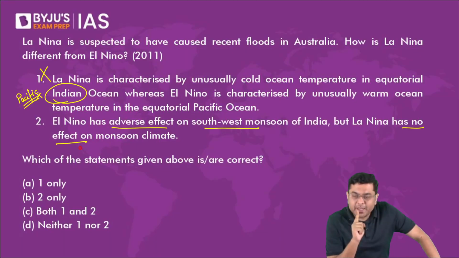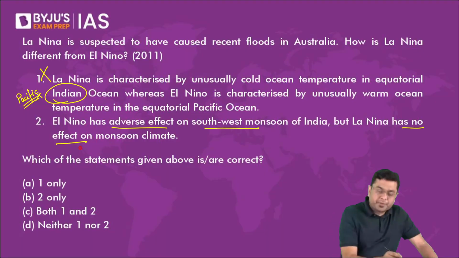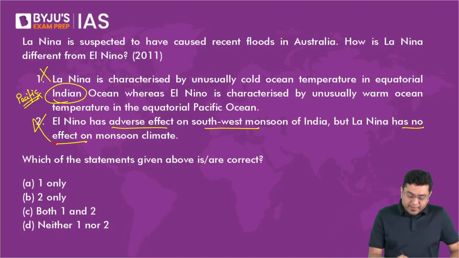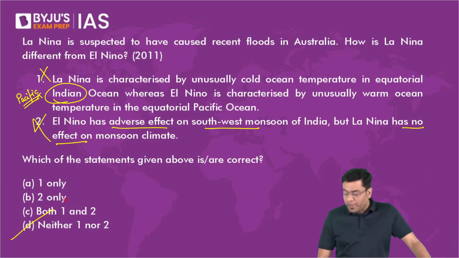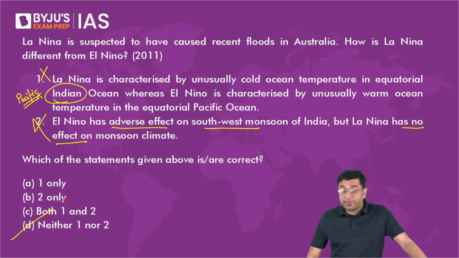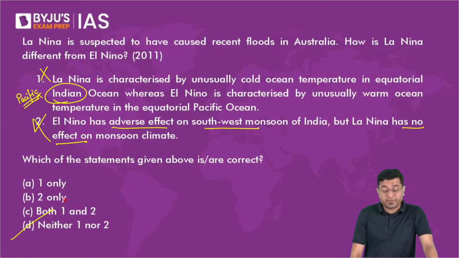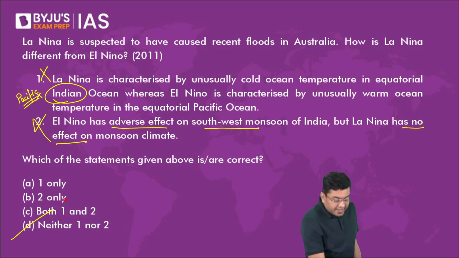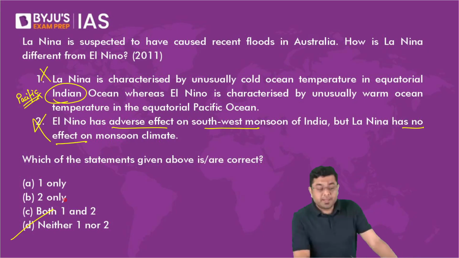So will that statement be correct? Absolutely not. So that is why the correct answer is D, neither one nor two. That tells you how UPSC plays the tricks. And it is in these questions where you end up losing the race. Understand, and I always repeat that.